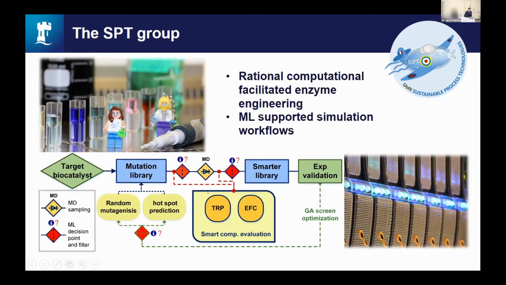If you see the acronyms down there, this is, for example, having a look into what effect a specific mutation has on my kinetics, my thermodynamics, on the whole complex picture of biocatalysis.